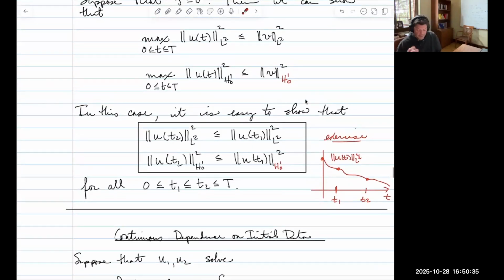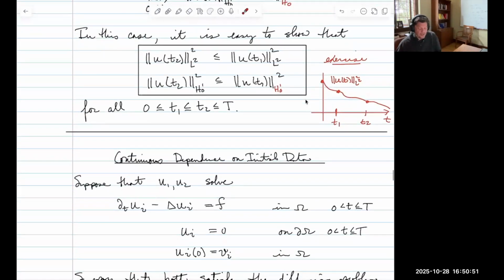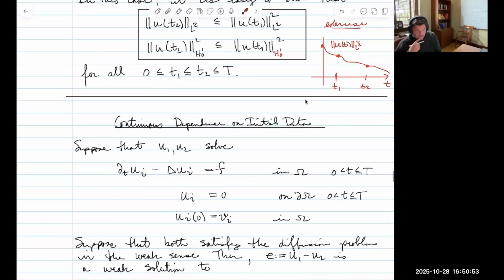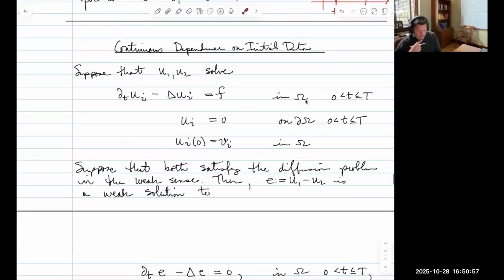And we call the estimates that we derived energy estimates because they look a lot like free energy dissipation estimates that we can prove in non-equilibrium thermodynamics.